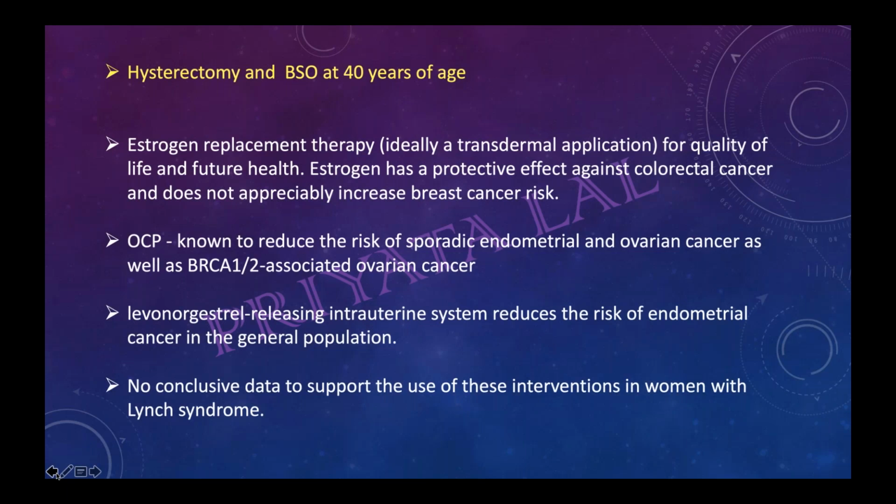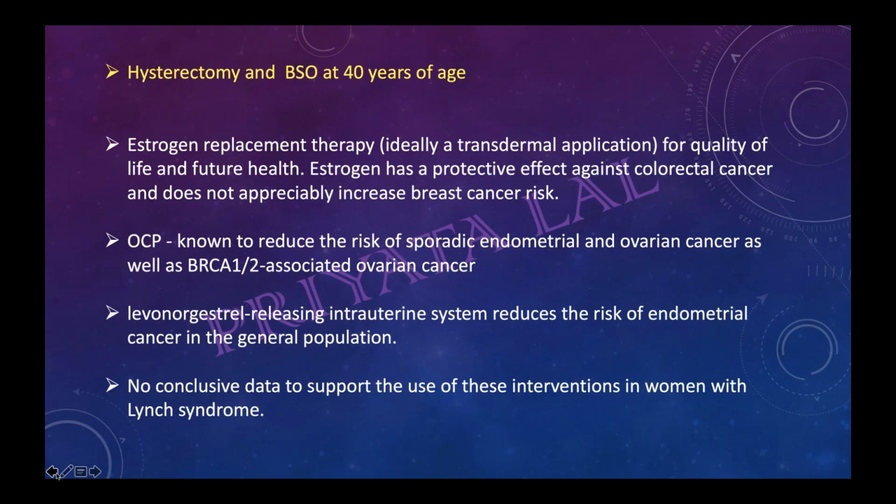Okay, so Lynch syndrome is there, with very high chances of endometrial cancer. So we have to do some risk reduction strategies. What risk reduction can be done? It could be hysterectomy and bilateral salpingo-oophorectomy, and usually it is offered at 40 years of age. Number one.